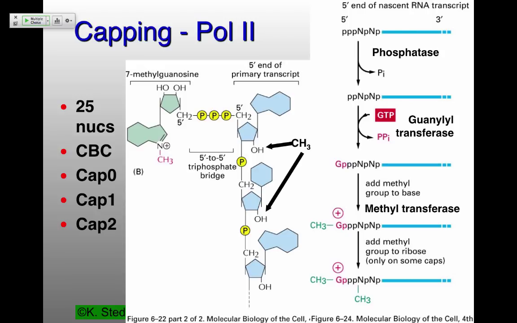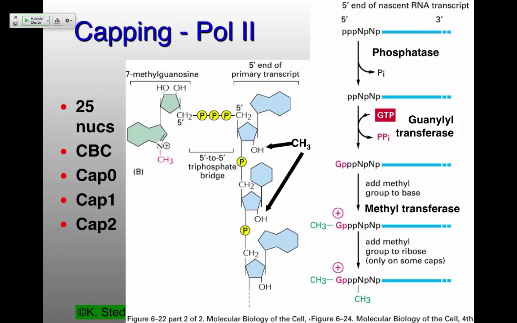So exonucleases love phosphates and OHs, so you might want to block that phosphate and OH. You want to protect the 5' end of your messenger RNA. How is that done? You have this really bizarre sort of flipped over guanosine residue that gets bound to the phosphates at the end of your messenger RNA.